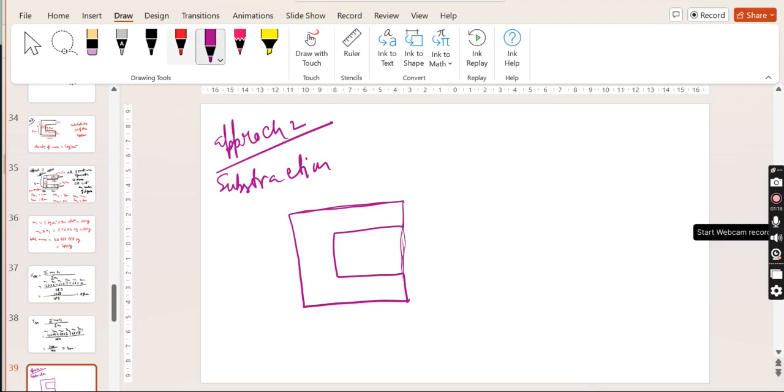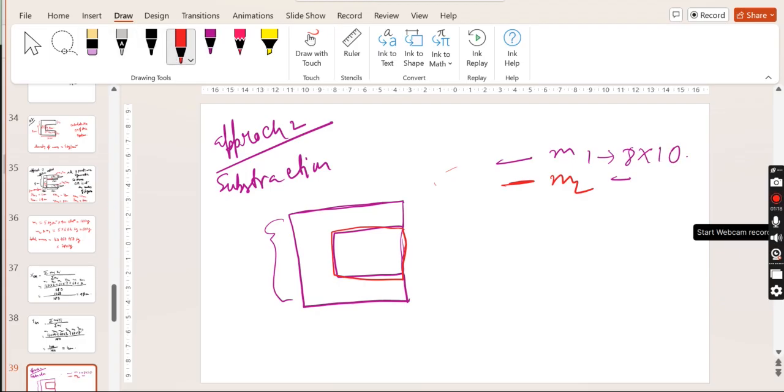This is M2, this is M1. M1 is 8 into 10, M2 is 4 into 6.